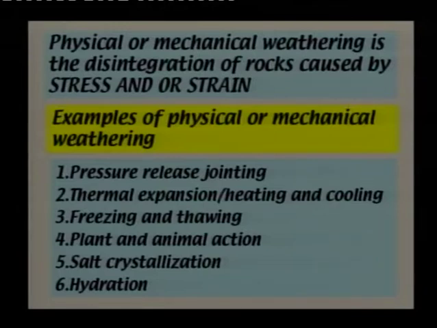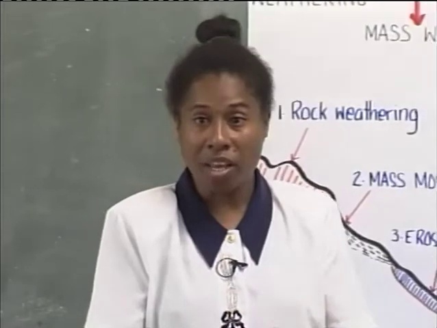What are you adding to that rock? Pressure, stress, strain. Smashing the rock, example, physical, mechanical. But when we look at physical or mechanical weathering, it is to do with the natural processes which contribute to their breaking up. The example I gave is a human impact, which we can also classify as physical or mechanical.